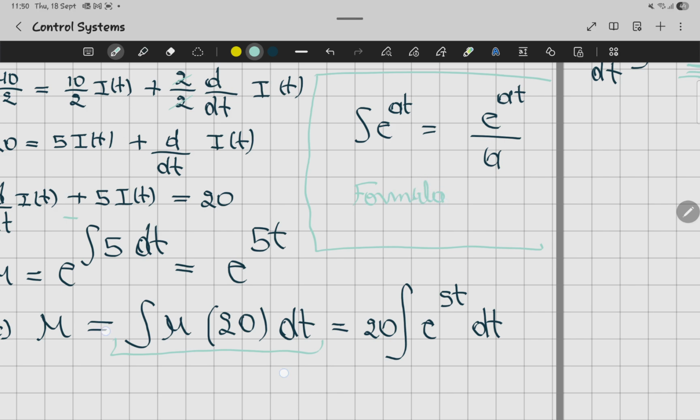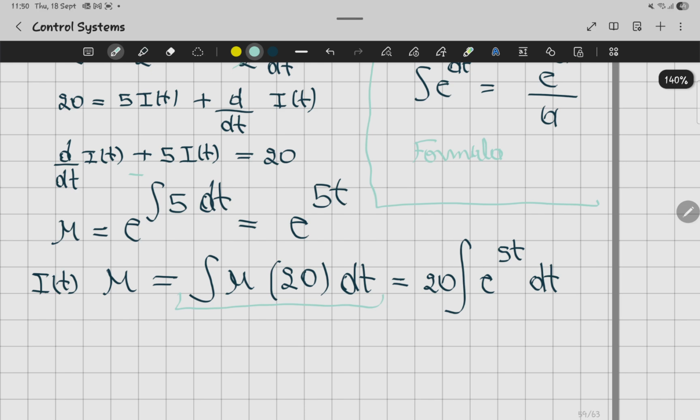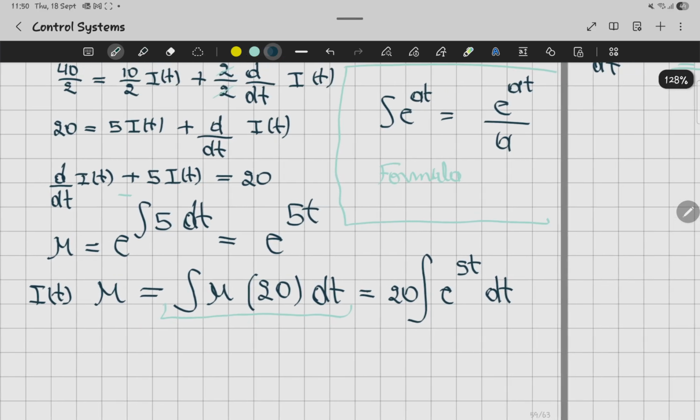Now we're going to pay attention. So this whole equation is going to be equal to 20 e to the 5t over 5, plus c, and remember there's also a plus c here, plus constant.